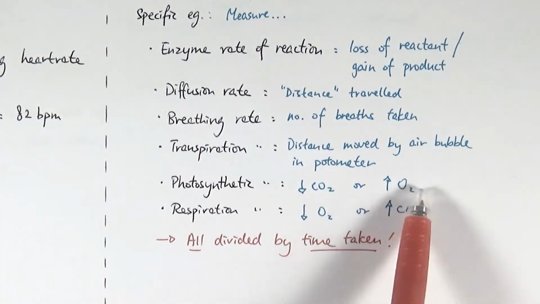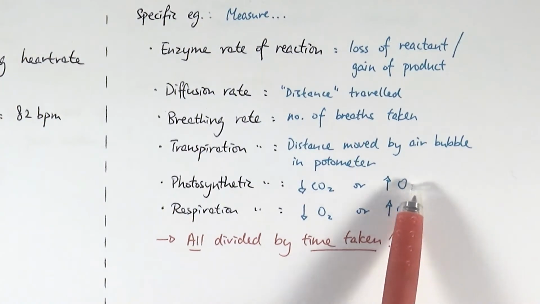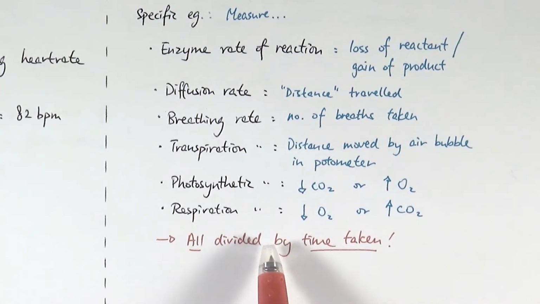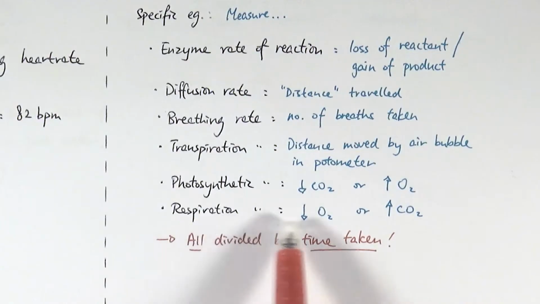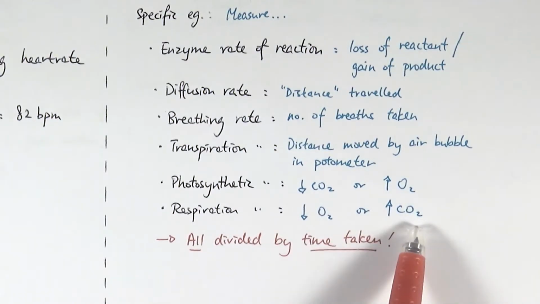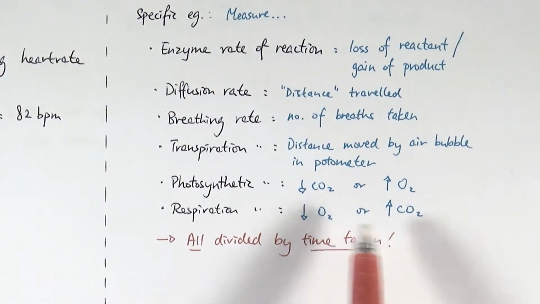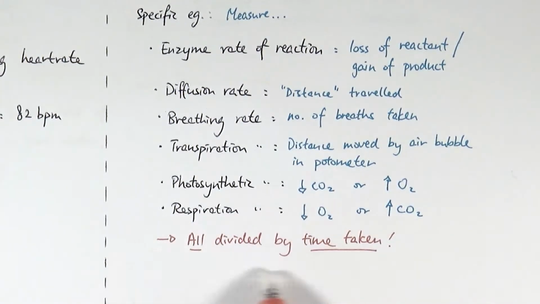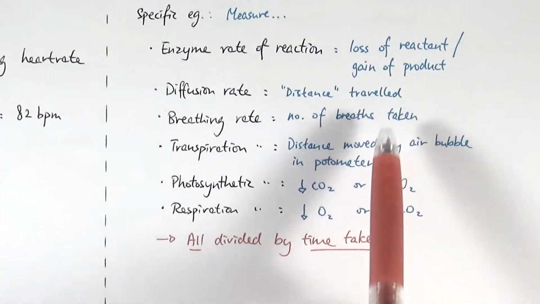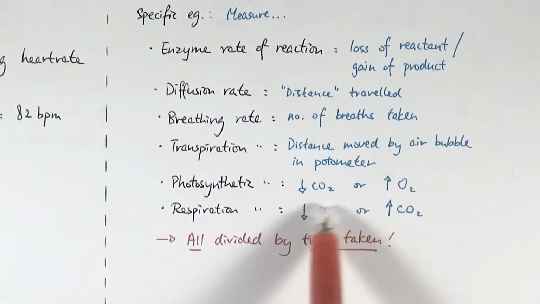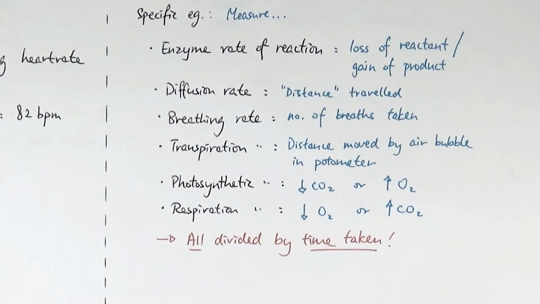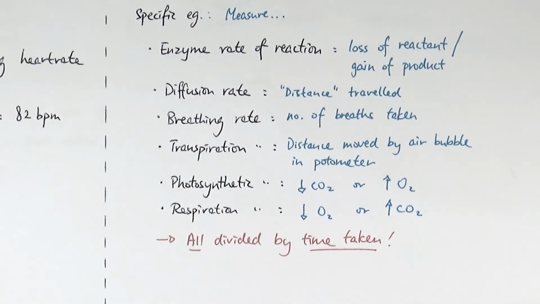In this case, perhaps oxygen might be an easier way to do so, but it depends entirely on how the experiment is set up. If it's respiration, then it could be the decreasing oxygen and the increase of carbon dioxide. Again, depending on the situation, you might choose to do either one of them. Obviously, make sure you know that once you've measured all of this, you have to divide by the time taken for that reaction to occur. And that is rate of reaction.